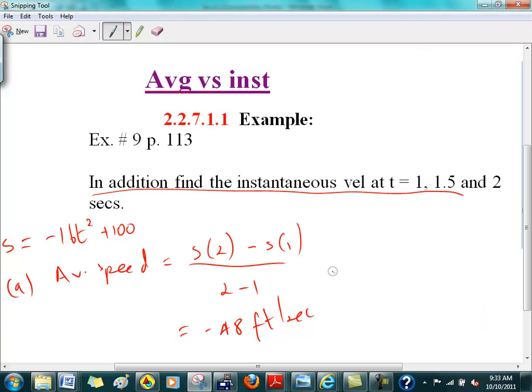All right, so what I want to do now, Henry, is do the instantaneous velocity. What do I need to do for that? It was in my slide that I showed you. I gave you 2 equations with that graph. Find the derivative s prime of t, and what is it?